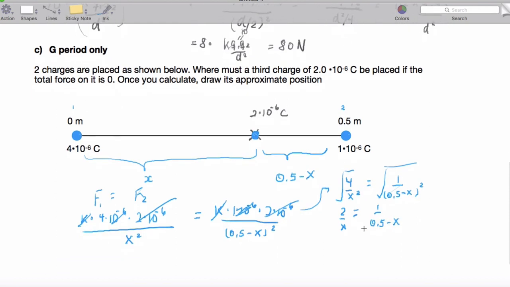I'm going to cross multiply. That's going to give me 1 minus 2x equals x. When I simplify, that's going to give me x equals 0.33 meters.